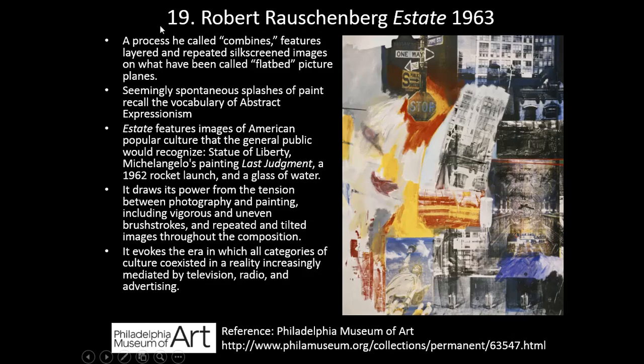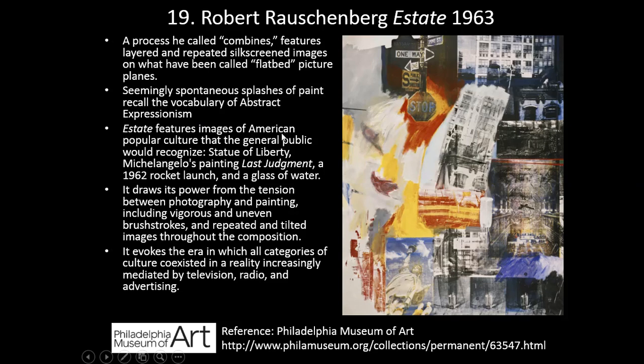Number 19. Robert Rauschenberg, Estate, 1963. A process he called combines features layered and repeated silk-screened images on what have been called flatbed picture planes. Seemingly spontaneous splashes of paint recall the vocabulary of abstract expressionism.